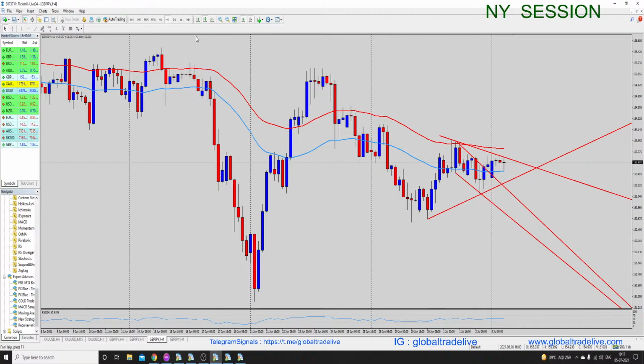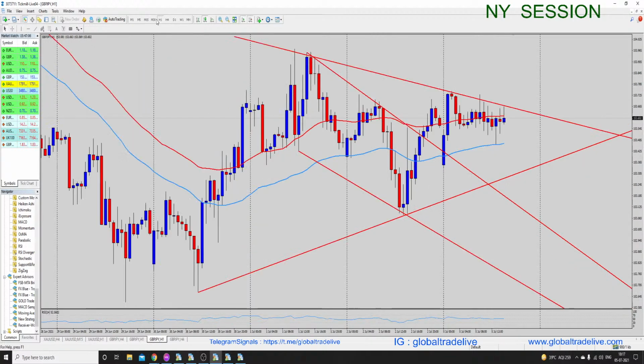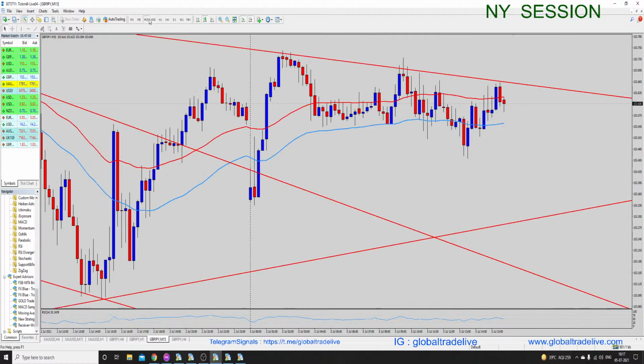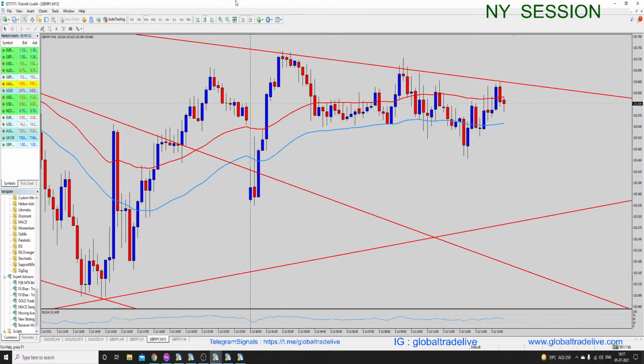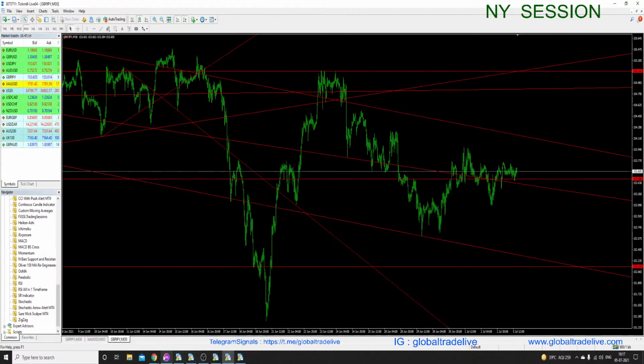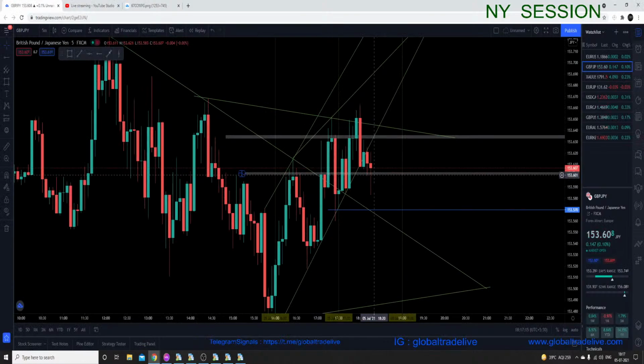I really don't know what type of setup this is, and actually there is no setup right now, nothing. The market is just doing these bad moves right now because it really wants to trap more and more sellers or buyers and stop them out.